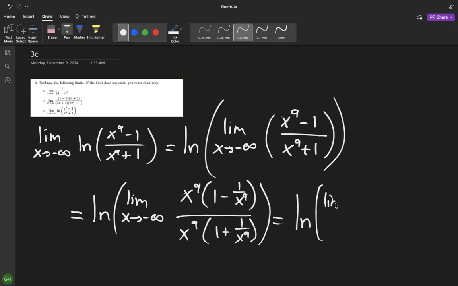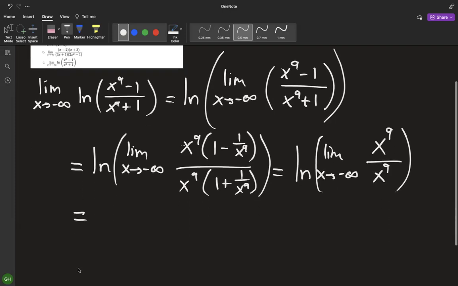Then the limit as x goes to negative infinity, these 1 over x to the 9s are going to go to 0. So that just leaves me with x to the 9 over x to the 9. Well, anything divided by itself is 1. So this is ln of 1. And ln of 1, we know, is 0.